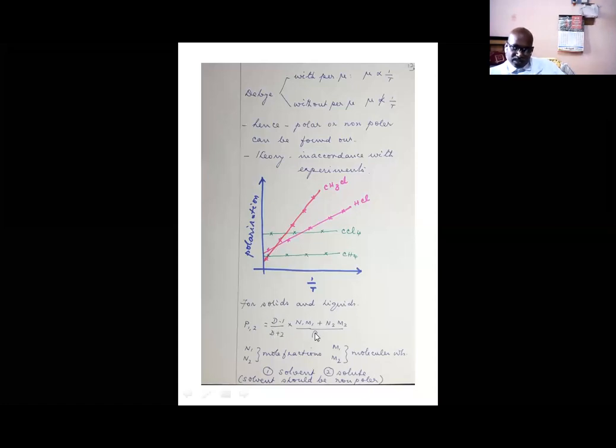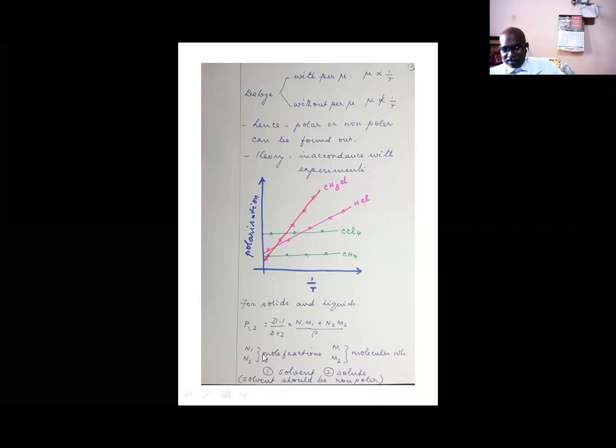So rho is also the density of the solution, whereas N1, N2 are the mole fractions of the solvent and the solute. M1, M2 are the molecular weights of the solvent and the solute. But here you have to understand, I am mentioning N1, N2, but in some other textbooks it is mentioned as X1, X2, because a small x is the normal expression for mole fraction.